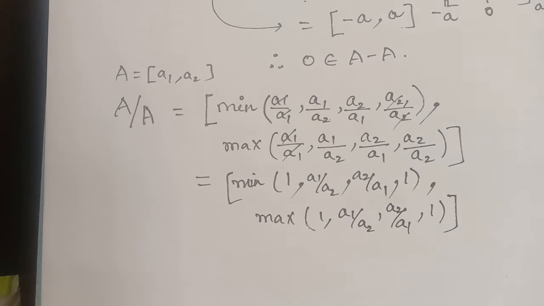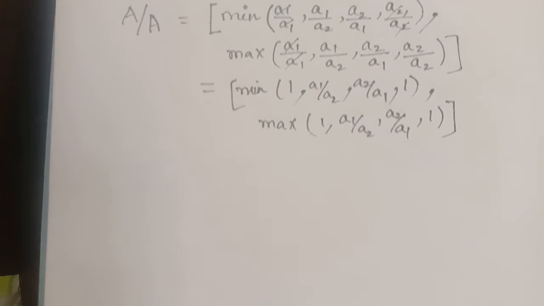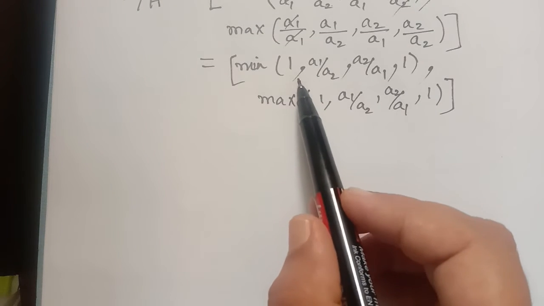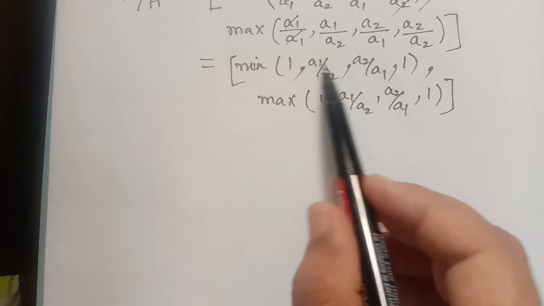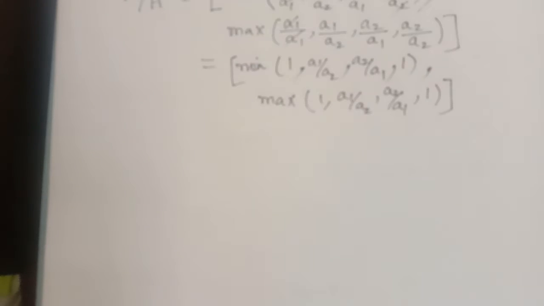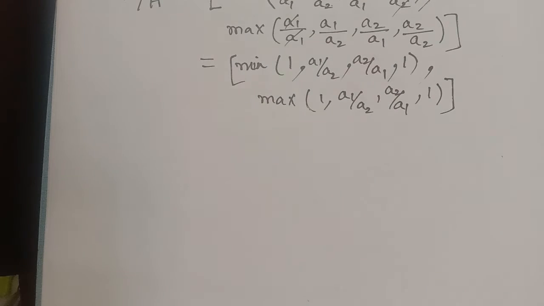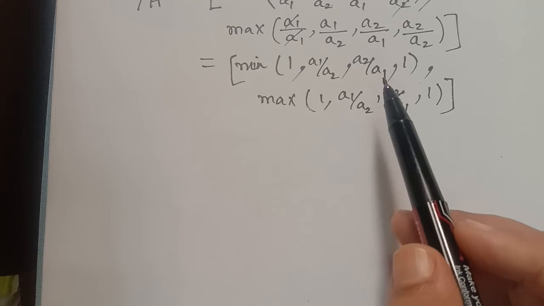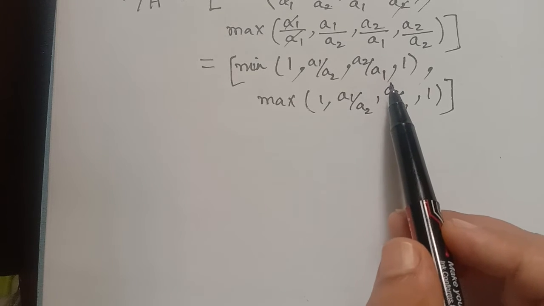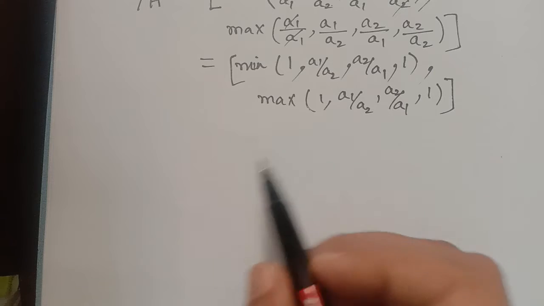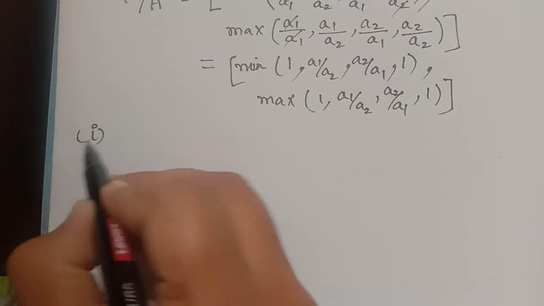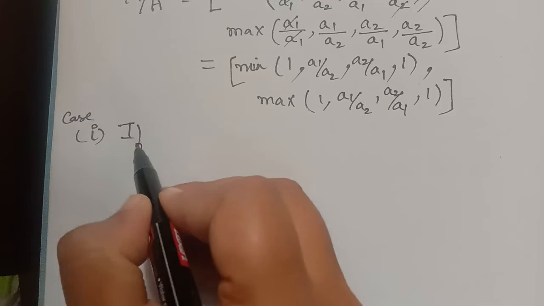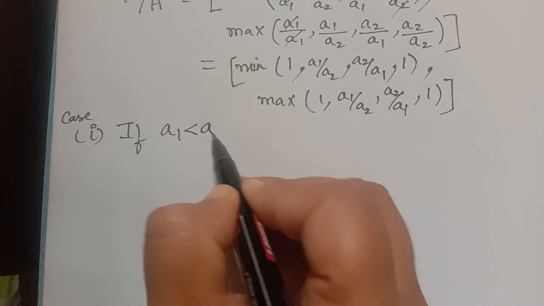Now here we can have three cases. The first case is when a1 is lesser than a2, the second case is when a2 is lesser than a1, and the next case is when a1 is equal to a2. The first case we will consider is case 1, if a1 is lesser than a2.